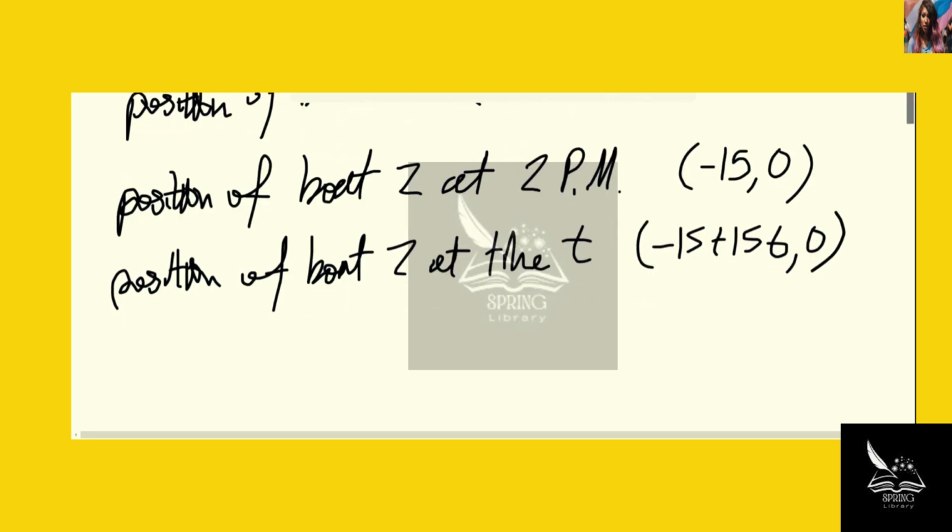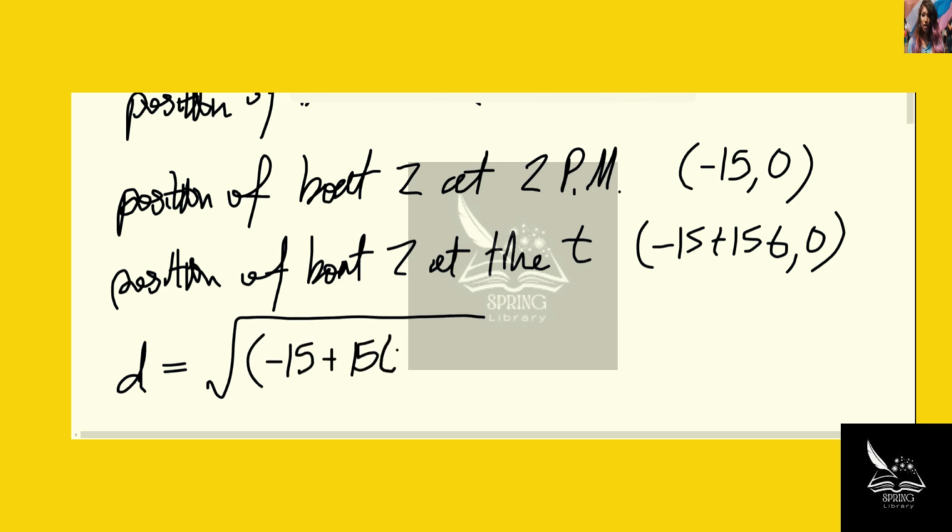So this distance, which I'll call little d, is the square root of the x-coordinate of boat 2, which is -15 + 15t, minus the x-coordinate of boat 1, which is 0, squared, plus the y-coordinate of boat 2, which of course is 0, minus the y-coordinate of boat 1, which is -20t, so this is positive 20t, squared.